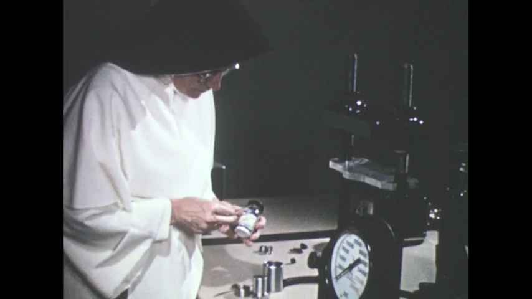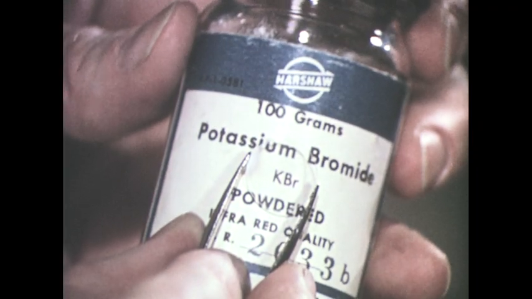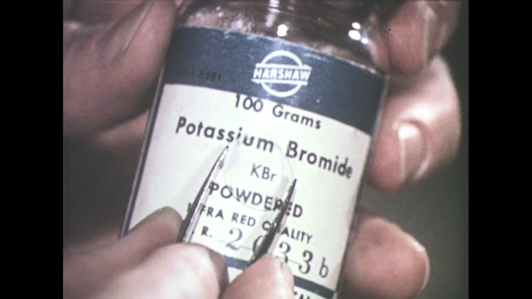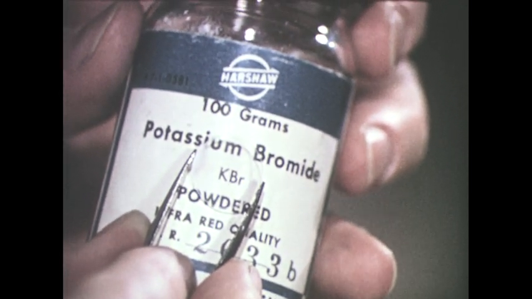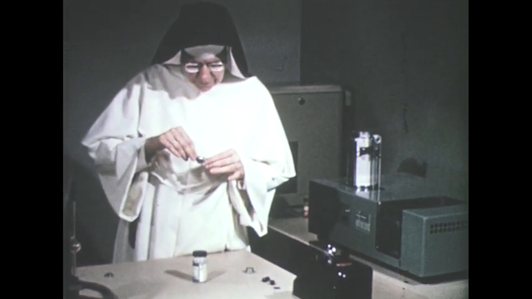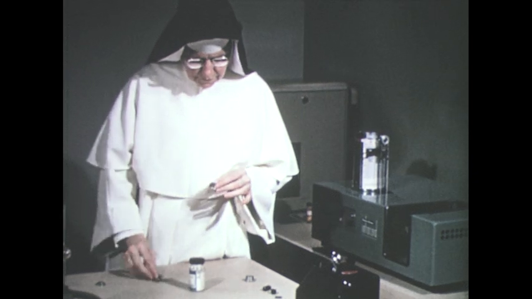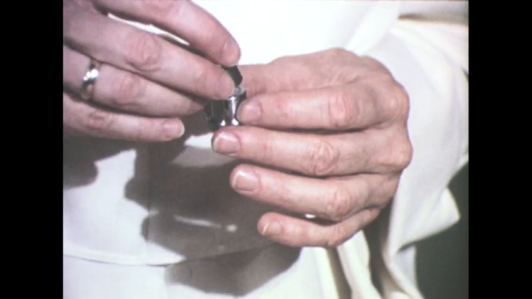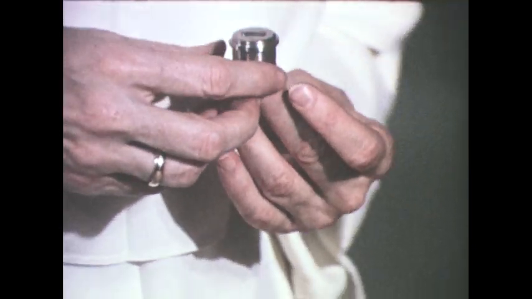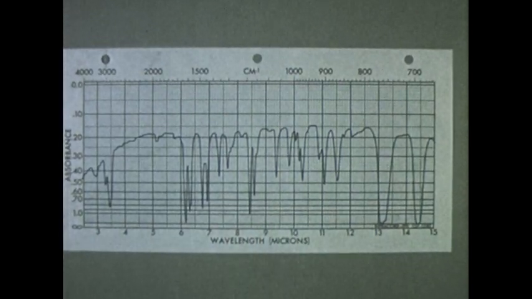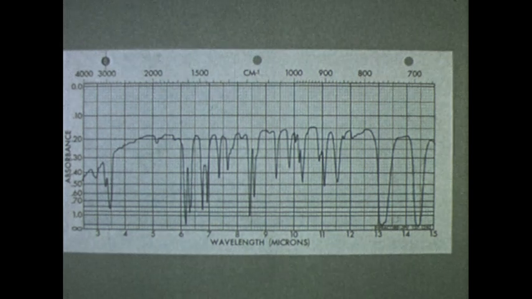A transparent disc of the sample in the potassium bromide is obtained. The clear disc of potassium bromide is placed in a suitable holder and the spectrum measured. The spectrum shows excellent resolution, and interferences from solvents or mineral oil absorption are avoided.